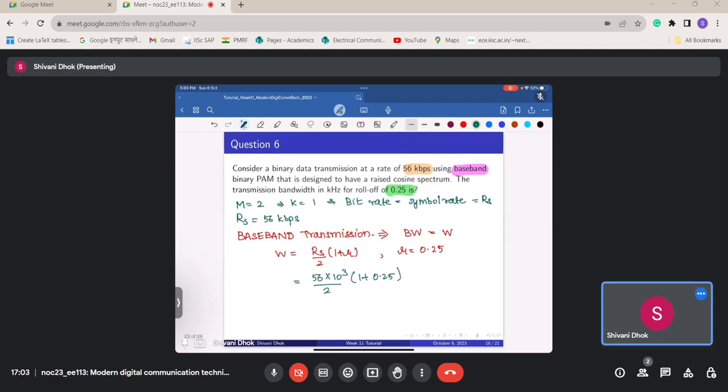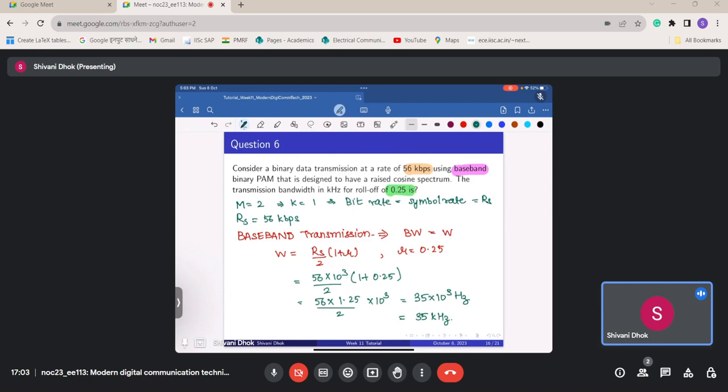And so this is equal to 56 into 1.25 upon 2 into 10 raised to 3, which, if you solve this, comes out to be equal to 35 into 10 raised to 3 hertz, which is equal to 35 kilohertz.